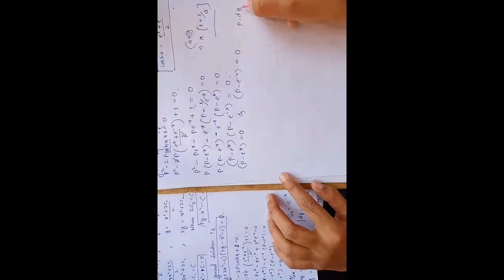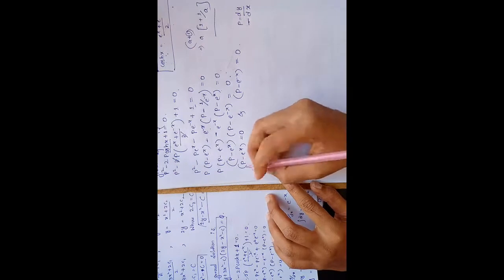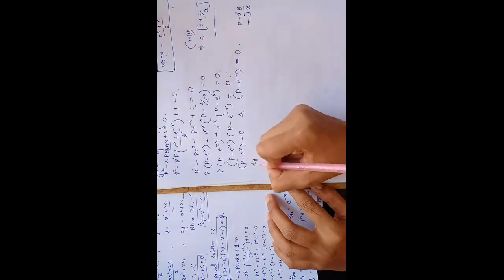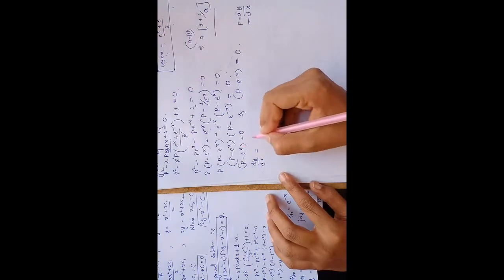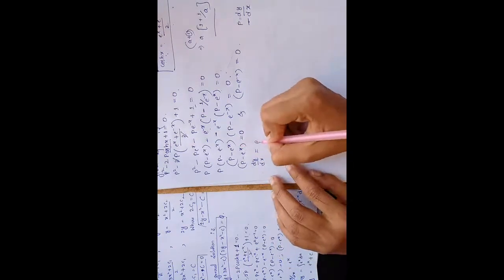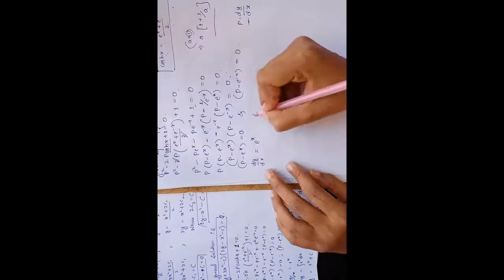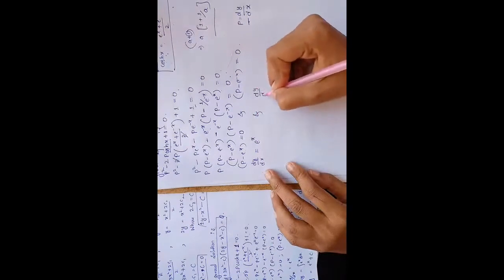So replace p with dy by dx. So dy by dx equals, with minus e power x going to the right hand side, positive e power x, and the second one, dy by dx equals e power minus x.